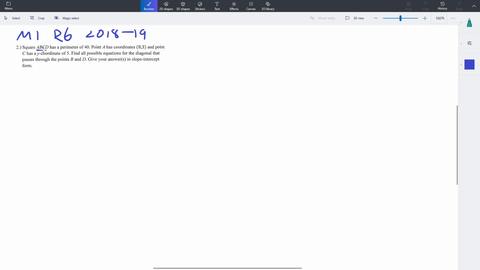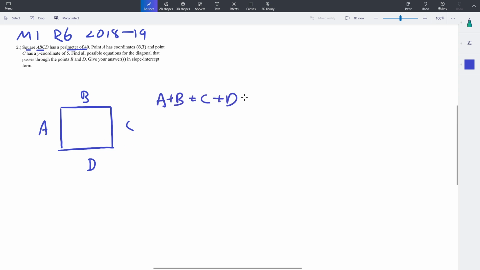So square ABCD, and keep in mind that it's a square, so when it says perimeter of 40, perimeter, if you don't know this, is basically the length of the entire outside. So let's say this is side A, B, C, D. When you add them all together, A plus B plus C plus D equals 40.